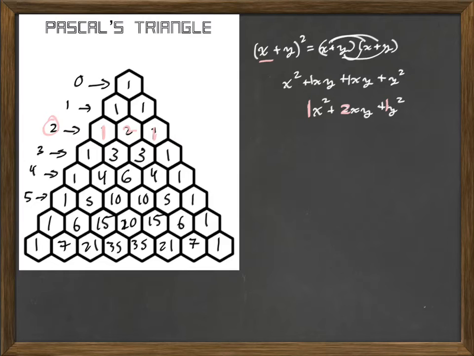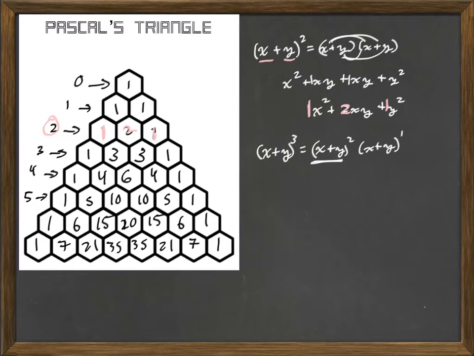Now, I chose my binomial carefully, guys. There are no coefficients in front of them except for a 1, which makes the Pascal's triangle thing very, very obvious. So check this out. Let's go x plus y to the third power. That's the same as x plus y squared times x plus y to the 1.